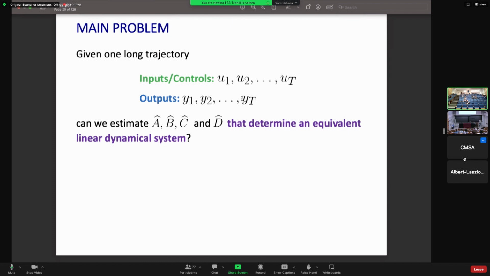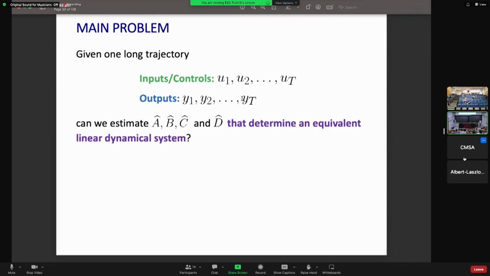And there's a lot of information stored here because I know how inputs over time affected the output downstream. Maybe they don't even affect it instantaneously, but they affect it after 2 or 3 or t time steps. But what I'd like to do is take this one long trajectory, and determine accurate estimates, A hat, B hat, C hat, and D hat, for the linear dynamical system. In fact, I'm going to set an even stronger goal than you might think.